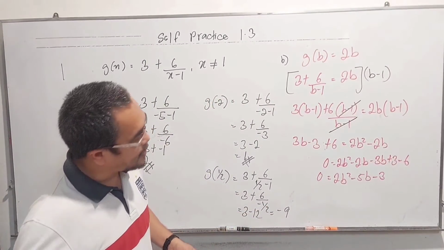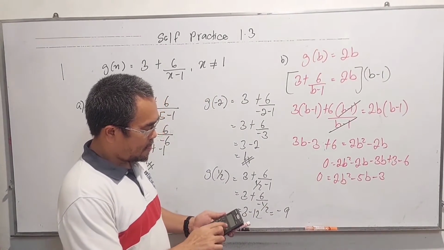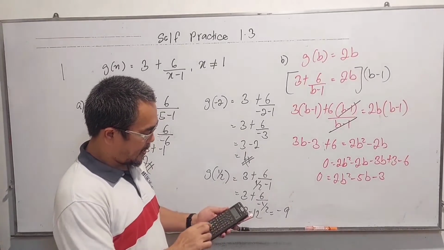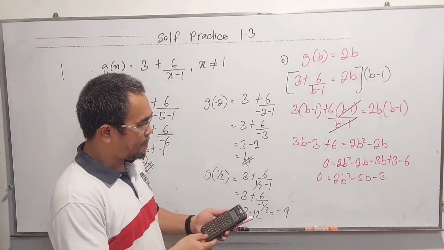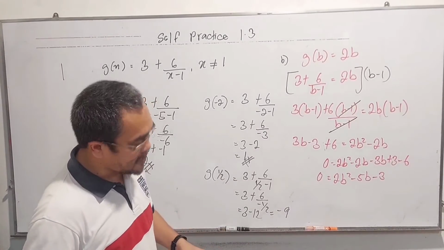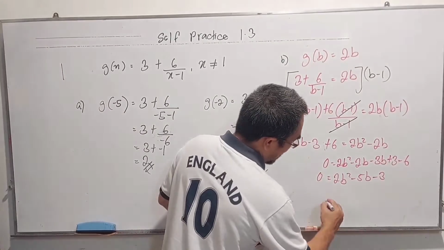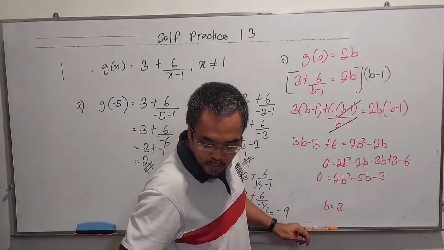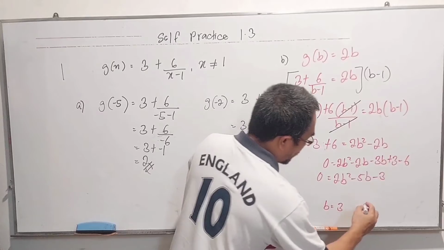Then with the help of the calculator, a is 2, b is negative 5, c is negative 3. So you get the first value of b. b is equal to 3. That is the first value. The other value is negative 1 over 2.